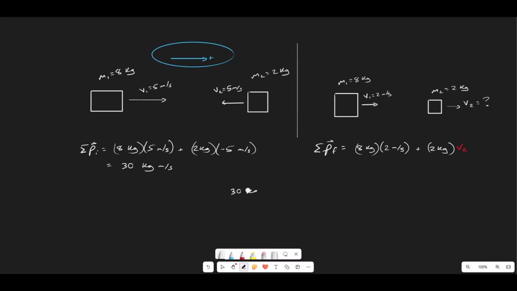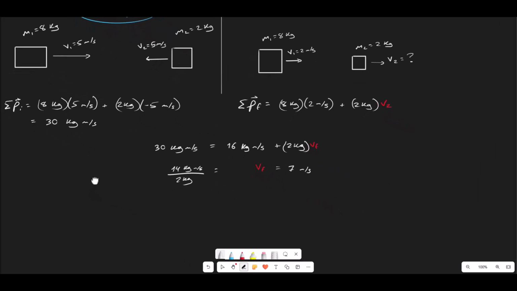So I've got 30 equals 16 plus 2 times V final. V final will be 30 minus 16, that's 14, over 2, and that is 7 meters per second. So we can figure that out.